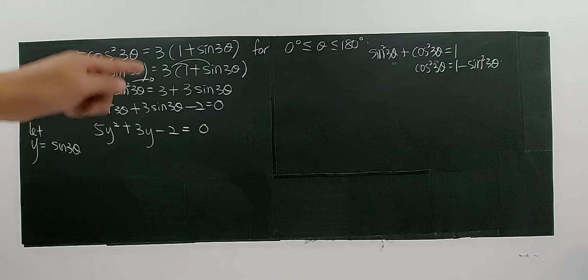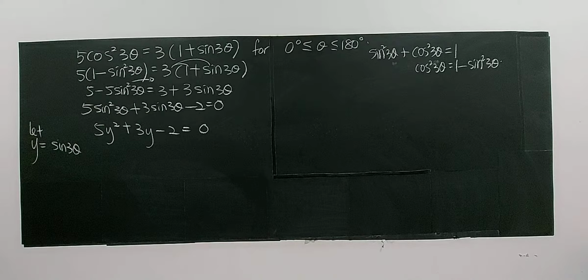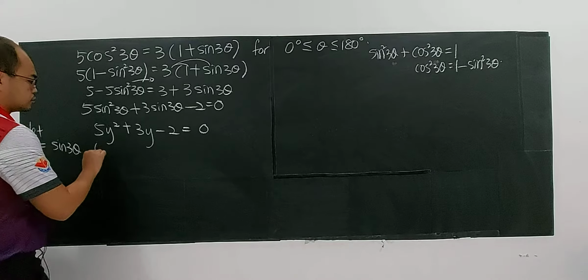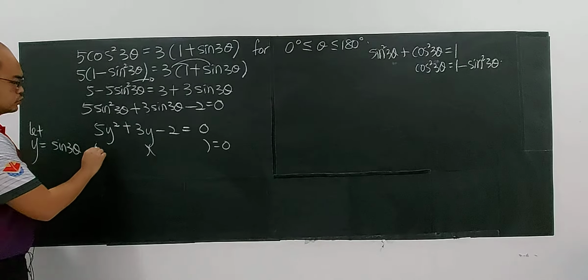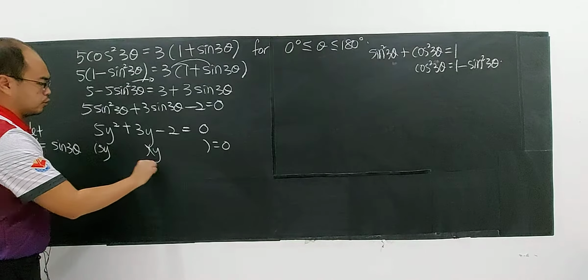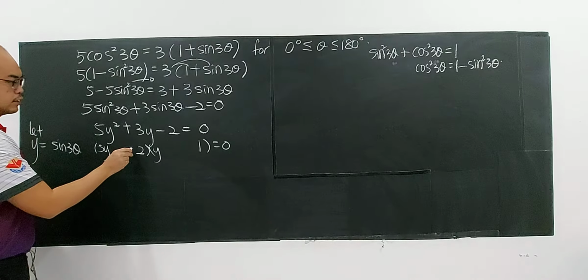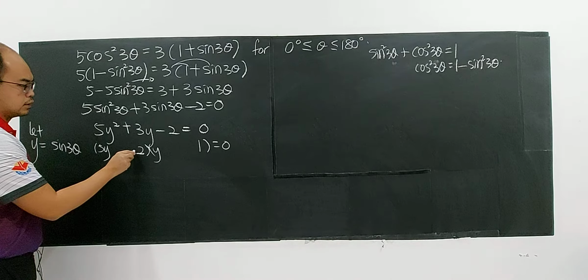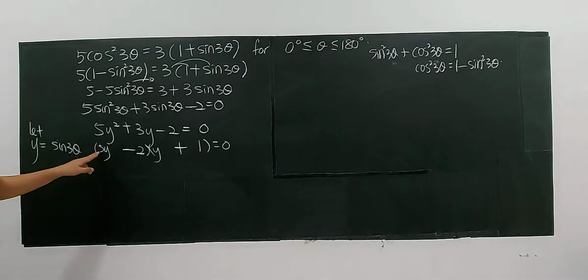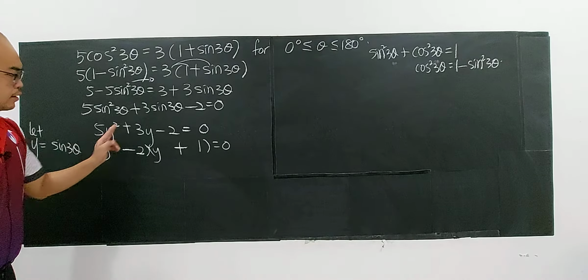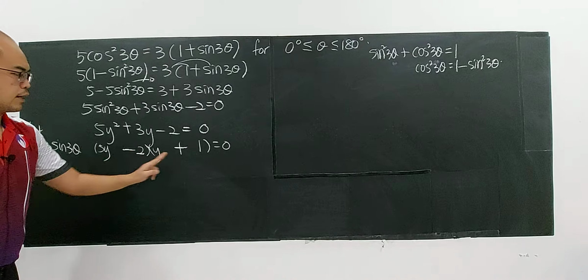This is the technique, and it's a very important part. Now you have 5y square, so let's see whether we can factorize. We have 5y and y, and 2 and 1. I think here should be negative and here should be positive, since 5y square, positive 5 minus 2 gives 3, and negative 2.